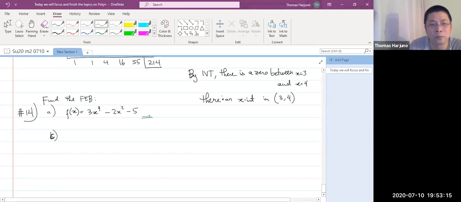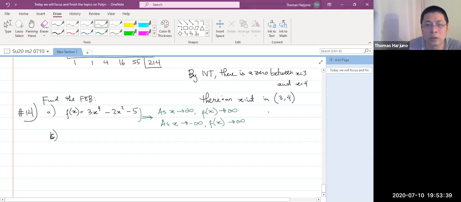So as x approaches infinity, f(x) goes to infinity. As x goes to negative infinity, f(x) still goes to positive infinity.